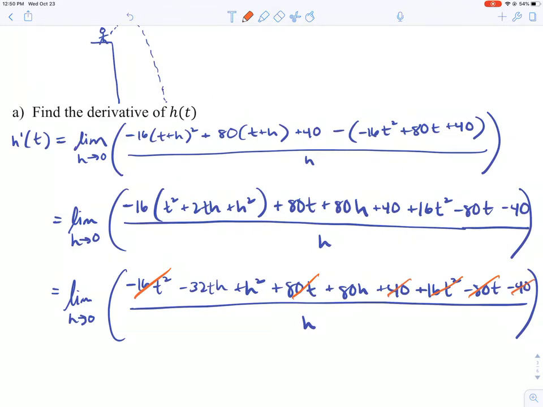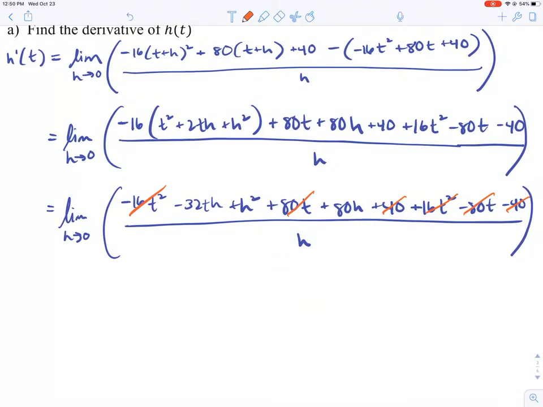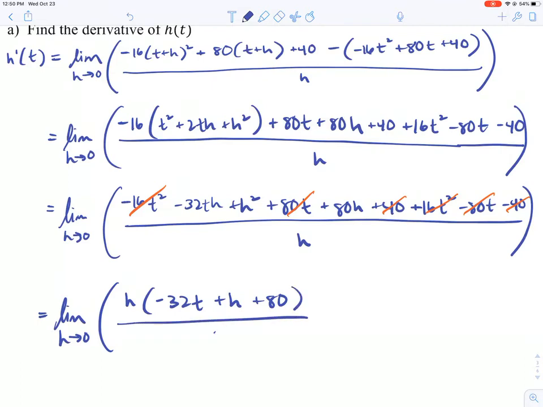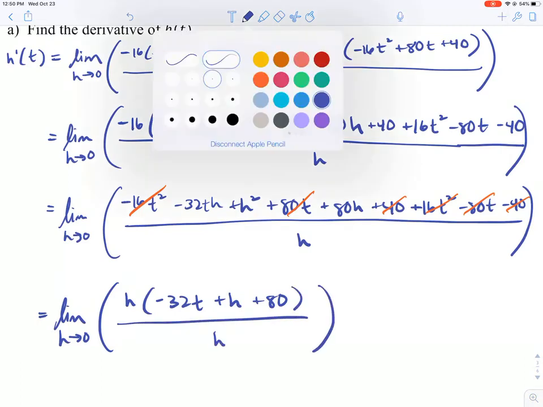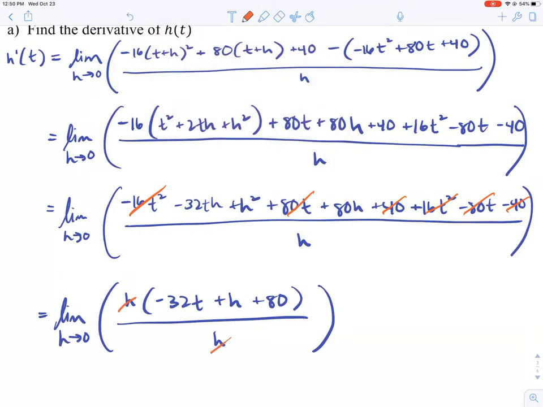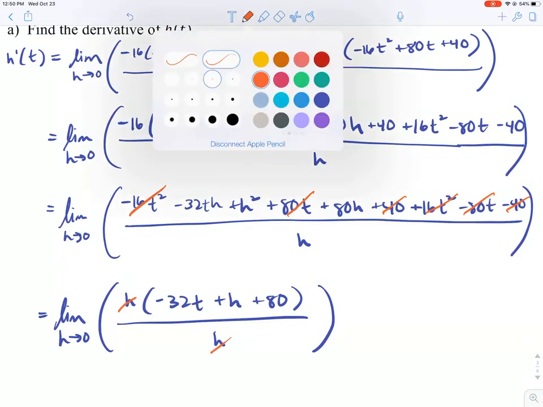And we should be left with only terms that have an h in them. And since I'm left with only terms that have an h, I can factor an h out of the numerator, so that now we get the h in the denominator to cancel with that h in the numerator.